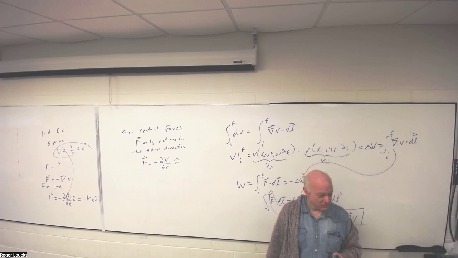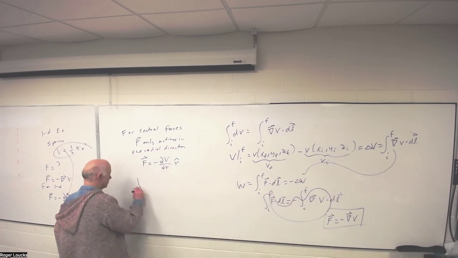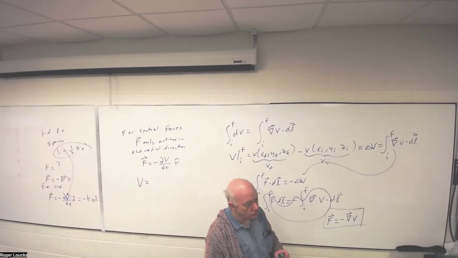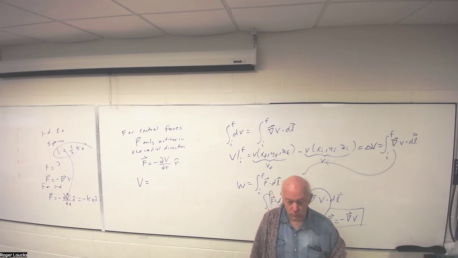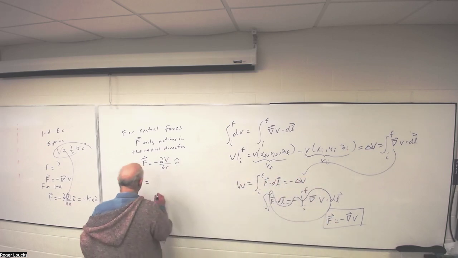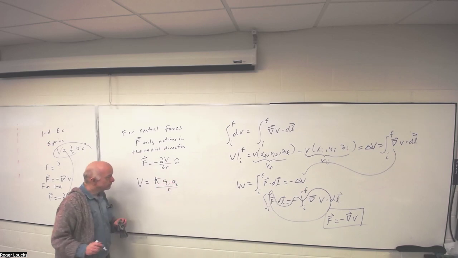Okay. Give me an example of this. What did we say is V for a two-point charge? It's k Q1 Q2 over r.